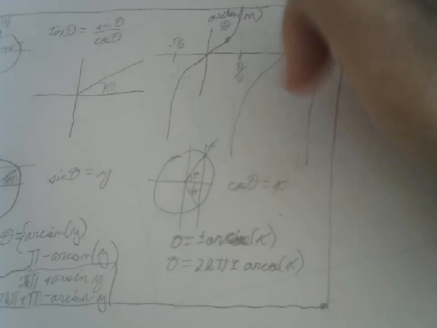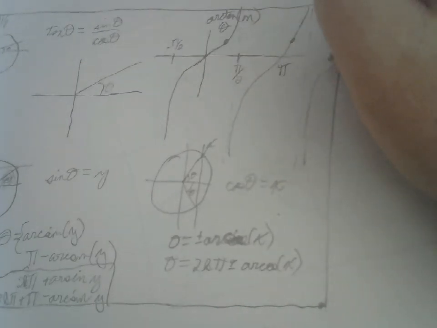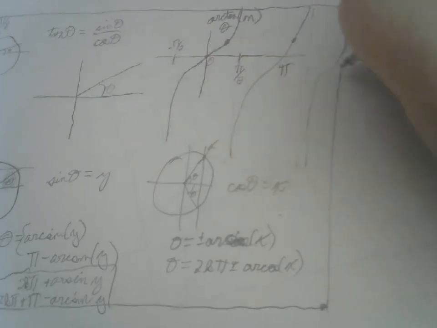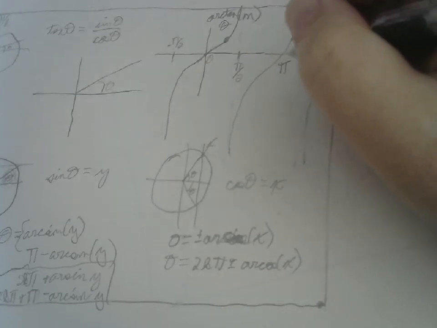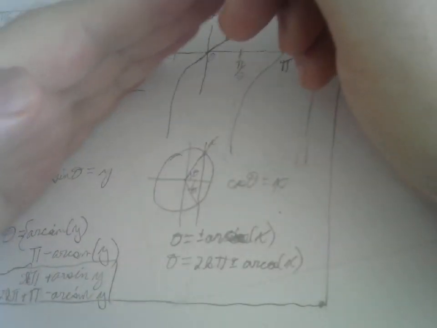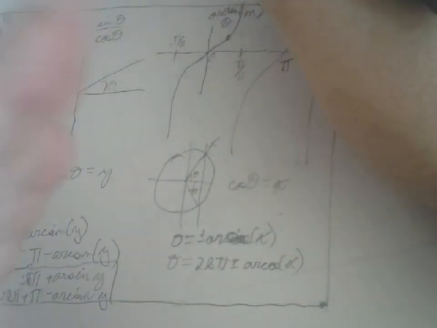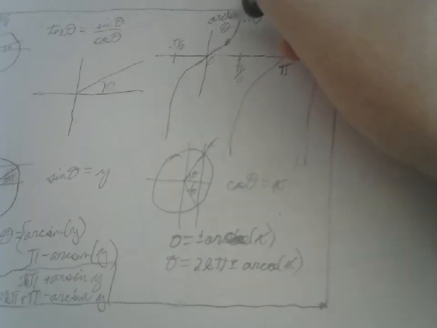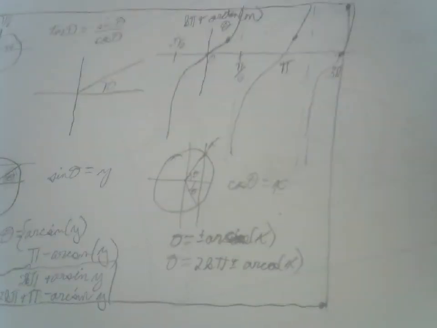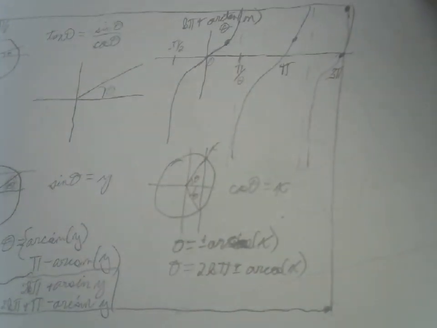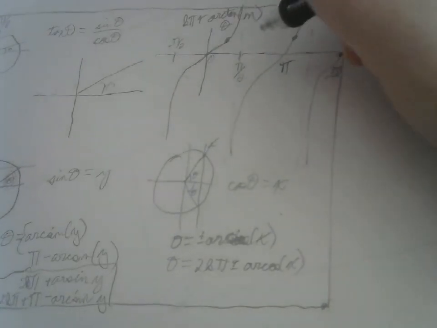It is exactly pi. So this is 0, this is pi, because the slope is going to repeat every half cycle. So you'll basically have k pi. So your solution set is going to be k pi plus arctangent of your slope, delta y over delta x. Okay.